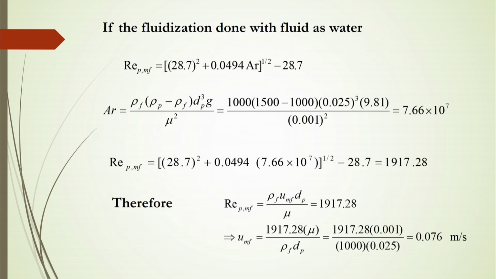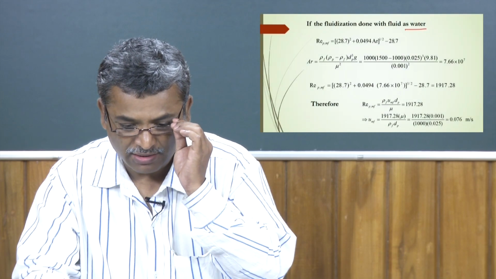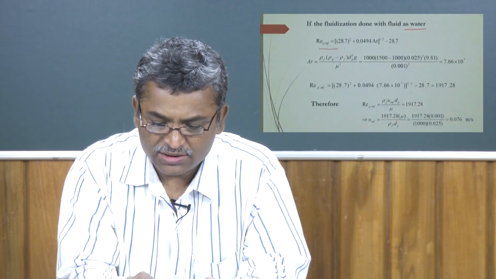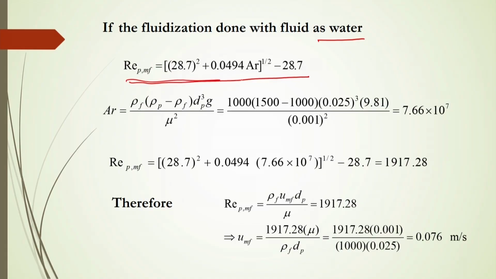Now, if the fluidization is done with water instead of air, that means a liquid-solid system, then we can get this according to that equation. Instead of rho g, it will be rho f, that means rho L, the density of the liquid instead of the density of gas. If we substitute the density of the liquid instead of the density of air or gas, we can get the Archimedes number.